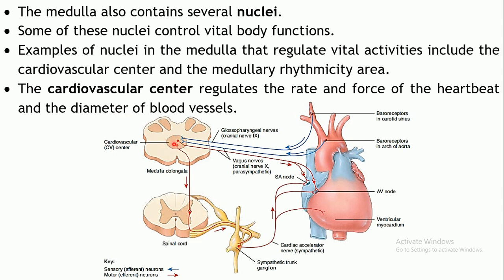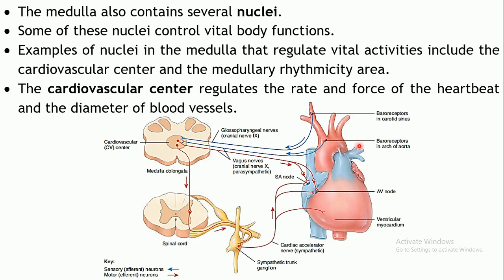That's the cardiovascular center. You must have come across this when you studied your CVS. So this particular center helps in regulating the heart rate, the force of contraction, the diameter of the blood vessels.